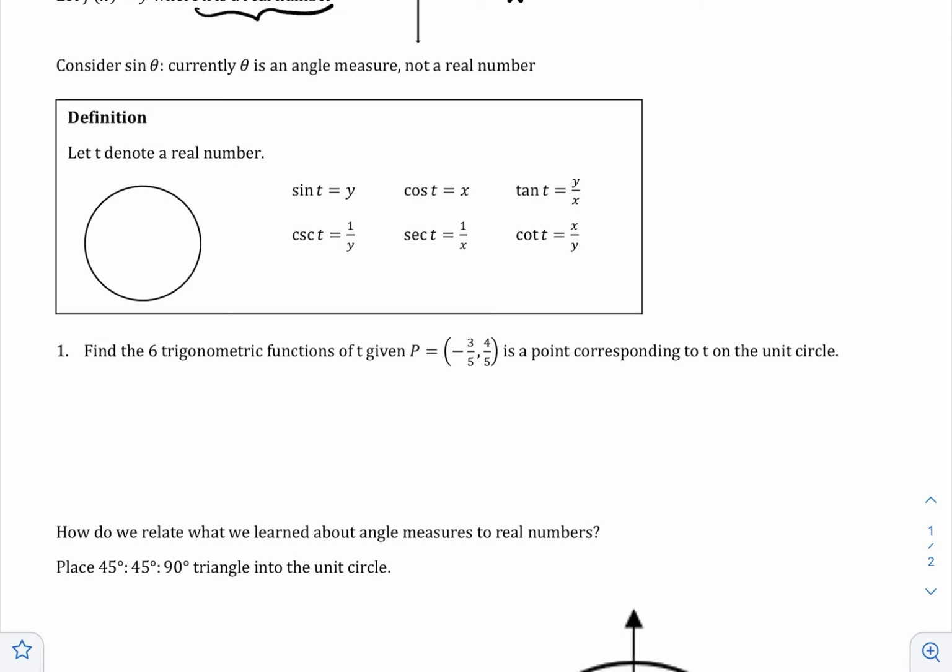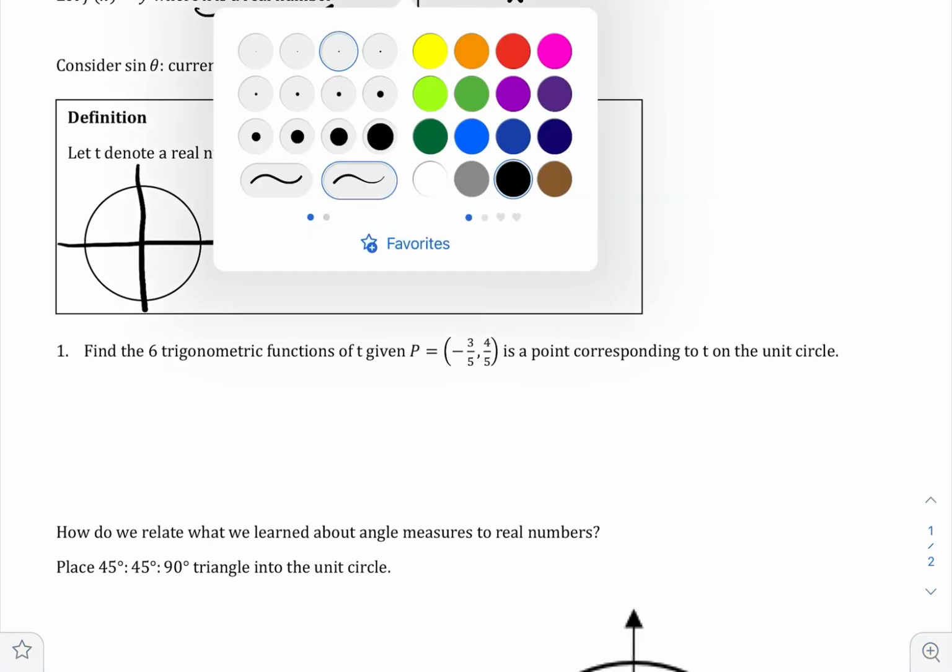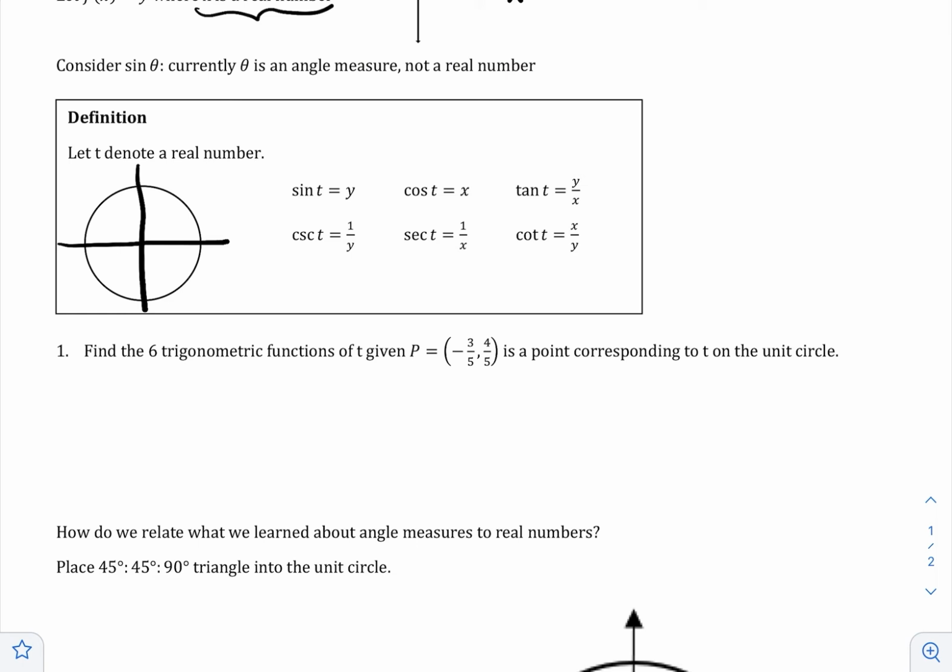We look at a circle here, and I'm going to draw the rectangular coordinate system on it. What we do with the circle is we place t on the right-hand side of the circle. When t represents a number, t will have some sort of length. Imagine t like a piece of string. So this would be t.